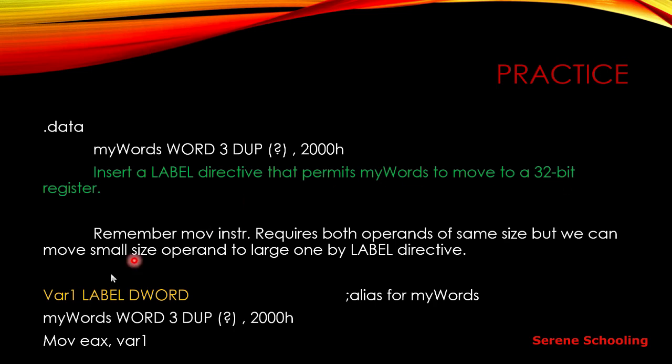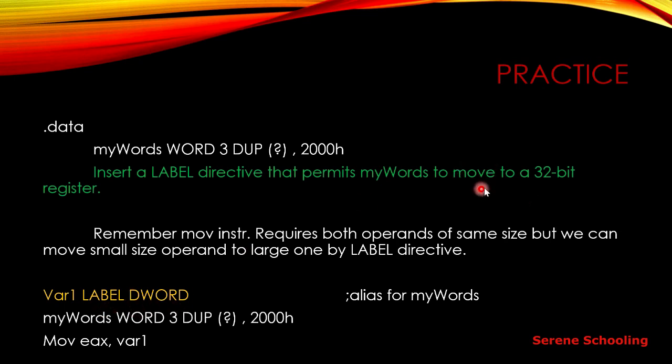So what will we write? We will write the name of the variable, an alias name for this my words. It means that in order to access these numbers or this statement, I can use this variable one name also. Then we have to use the label keyword, and the type would be dword in this case.